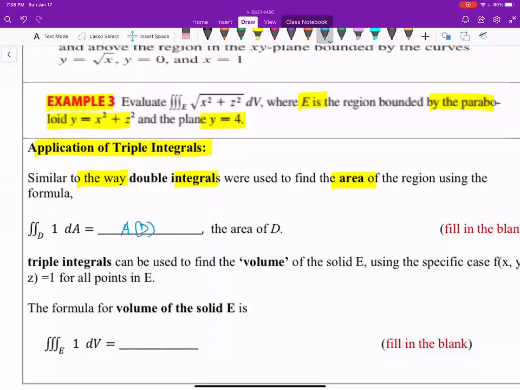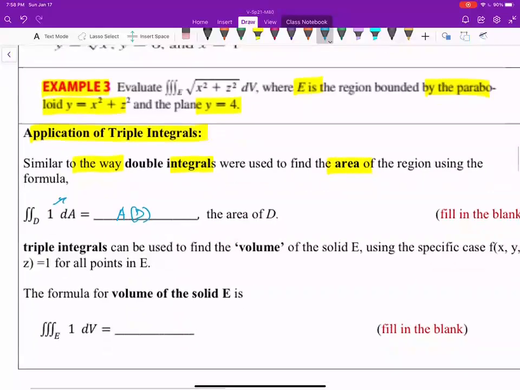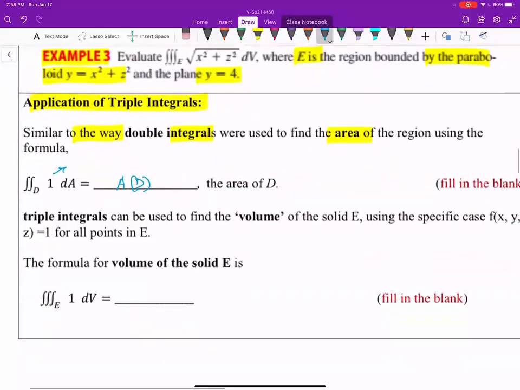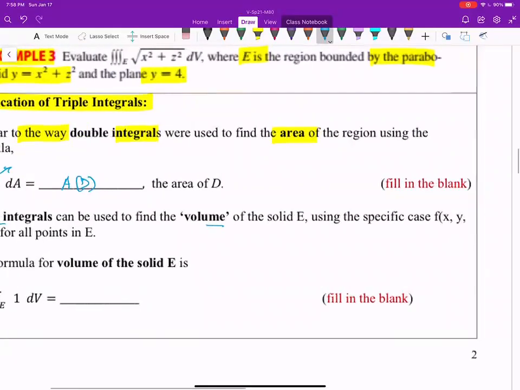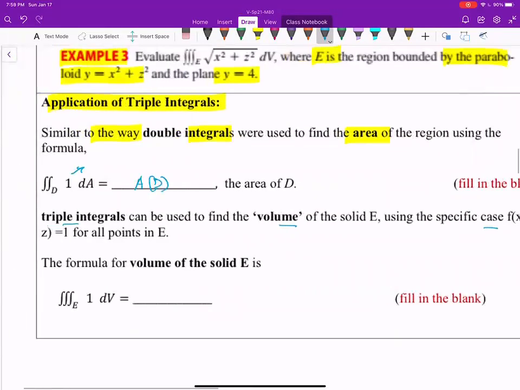Because actually a double integral represents the volume, but if the height of the surface was taken as 1, then the volume becomes the area. Same way, we will use triple integrals to find the volume of the solid, using the specific case f of xyz equal to 1.